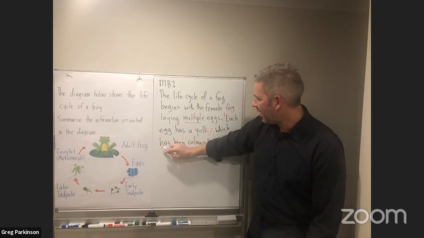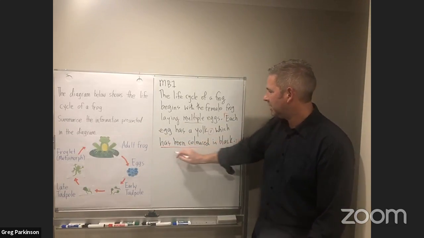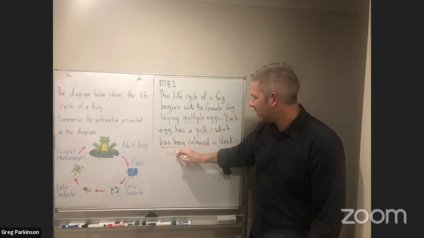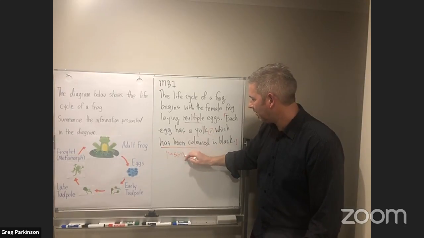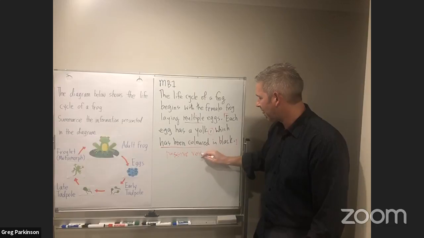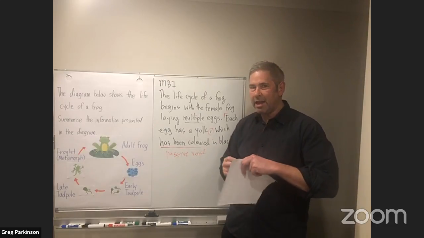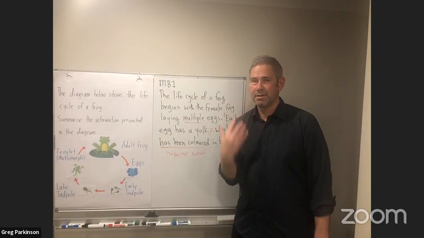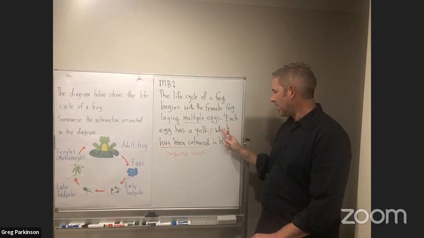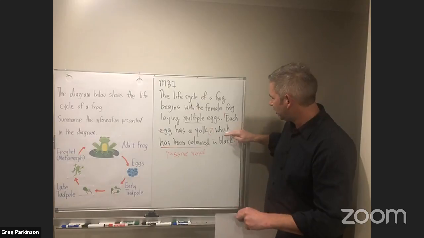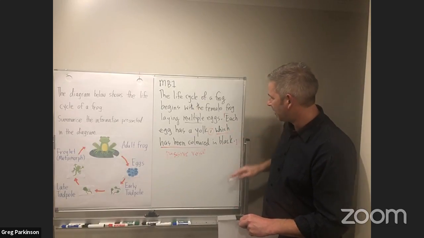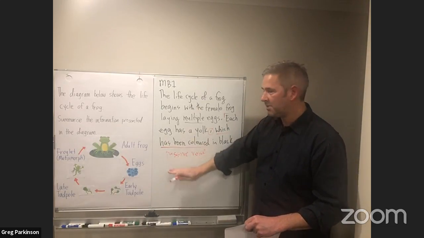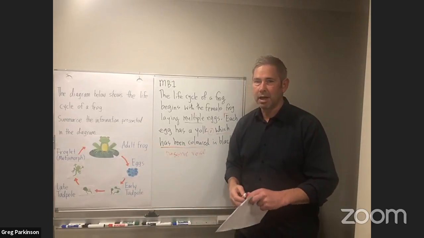And you can see here what I'm doing is I'm using passive voice, right? So again, anything I can do to demonstrate a wide range of grammatical structures, I'm going to do. So making another complex sentence using which, so a relative clause, and I've used passive voice to talk about how the eggs have been colored, right?